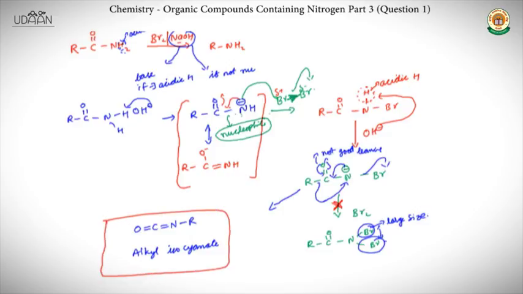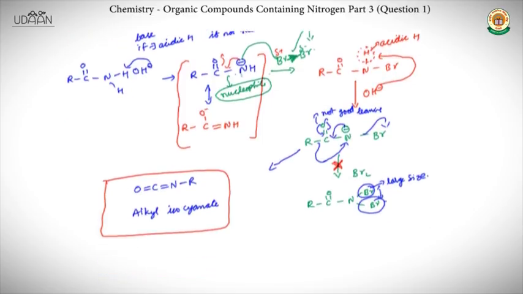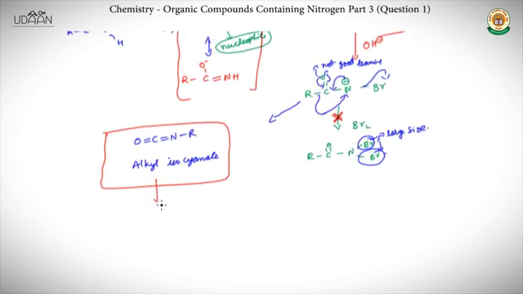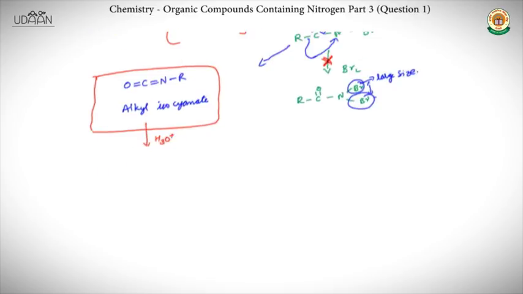Now you have subjected this to hydrolysis. Now let's look into the mechanism for this hydrolysis. First you have an acidic medium and you have got alkyl isocyanate. You have got H plus in the medium. You know that nitrogen has a lone pair and also oxygen has a lone pair, but since the electronegativity of nitrogen is less than that of oxygen, nitrogen donates its lone pair more effectively than oxygen.